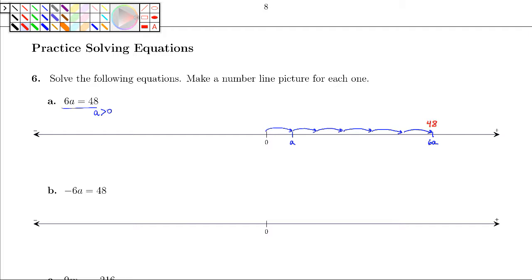And maybe I know from my multiplication table that A has to be 8. One way you could think of it is, well, half of that, 3 copies of A, would have to be 24. And so 3 times what number equals 24? This has to be 8. Okay, so A equals 8.